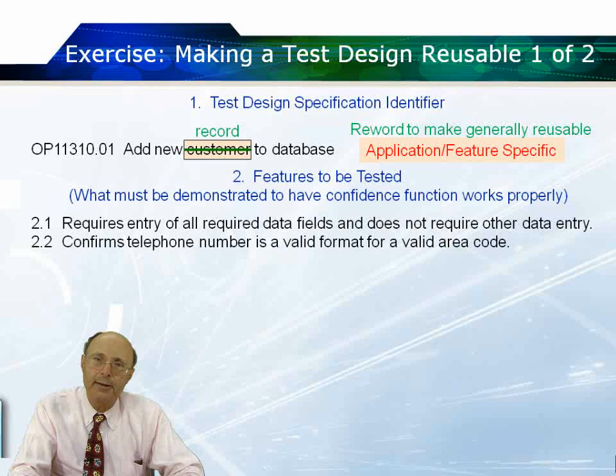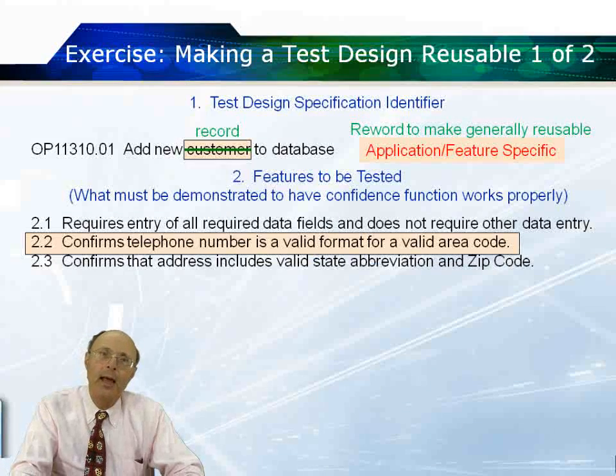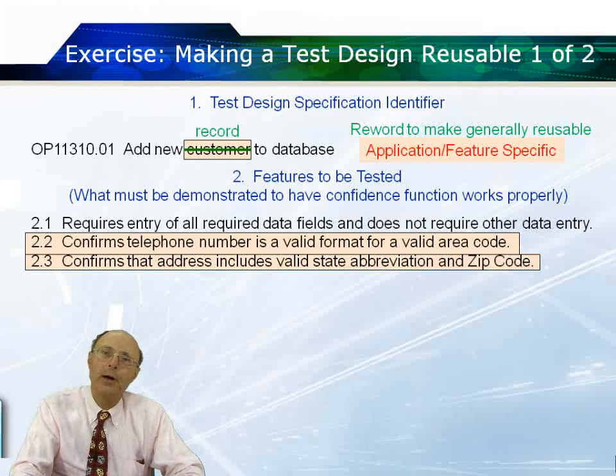What about that? Well, that's application specific, isn't it? Now, to be fair, anybody who has to have a telephone number, we want to make sure it's a valid format and probably a valid area code. Similarly, "confirms that the address includes a valid state abbreviation and zip code."